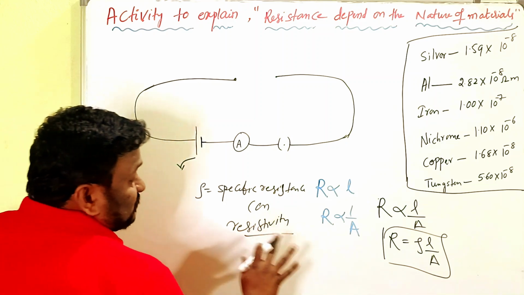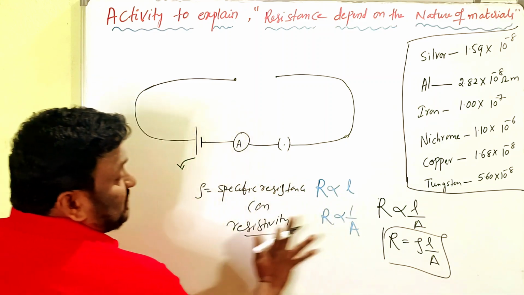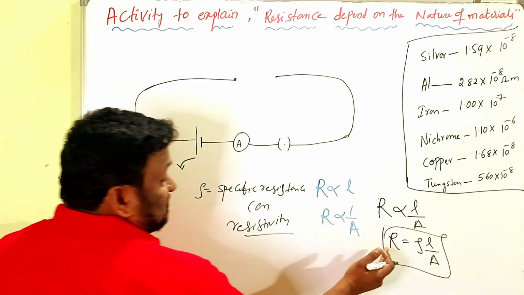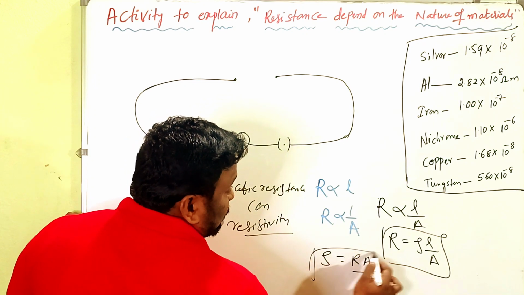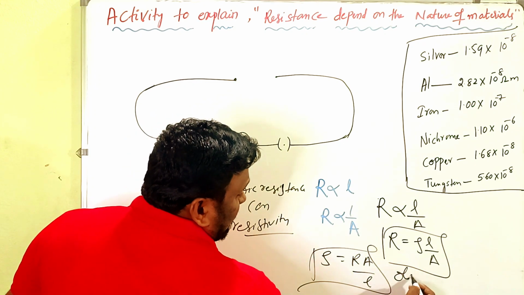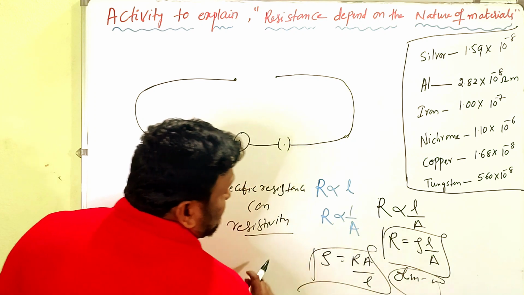So this is the formula for resistance, and the formula for specific resistance is rho equals RA by L, which we already discussed in the previous video.